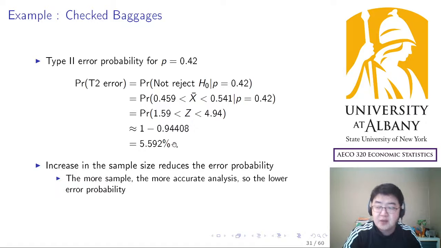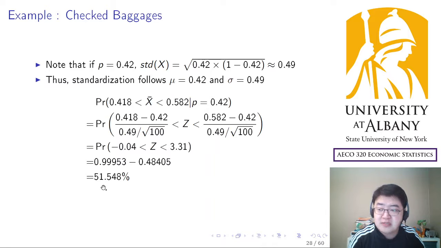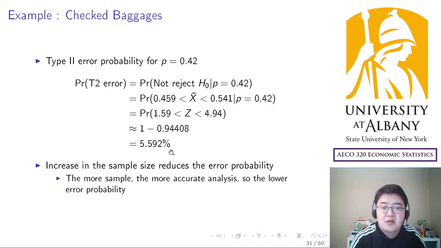5.592%. So it's a surprising number because previously in the same situation, type 2 error probability was 51%, but now it is only 5%, less than 6%. So it shows the power of sample size.